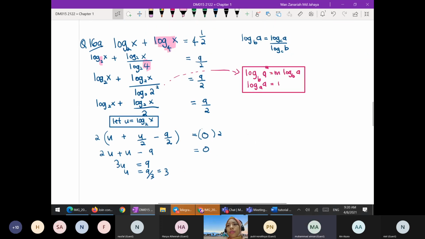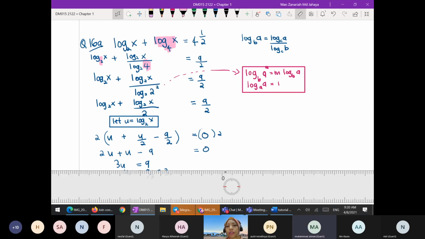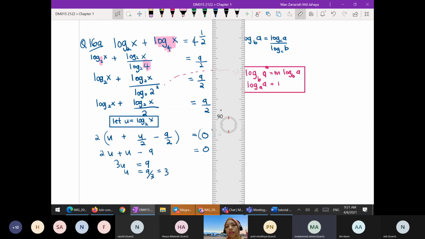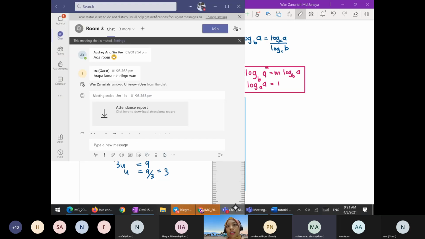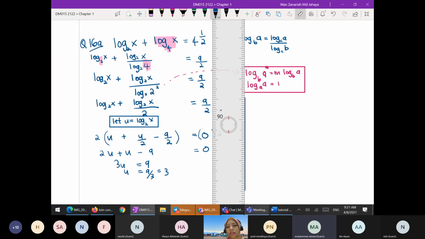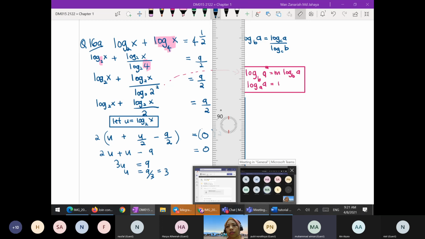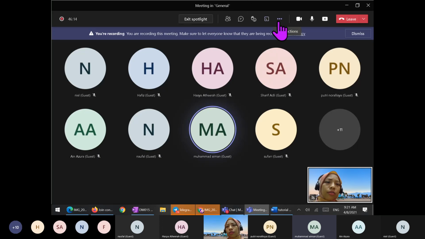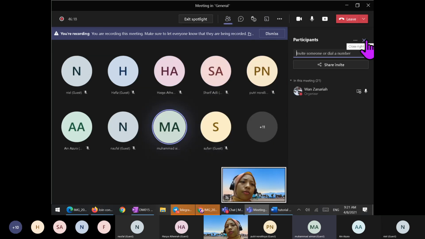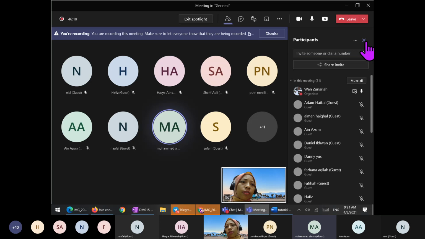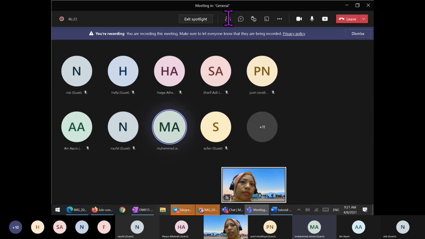Bergema lah you all. Kena pakai earphone. Tolong mute. Masih ada lagi lah bunyi. Apa tu yang gerak-gerak mic dia?